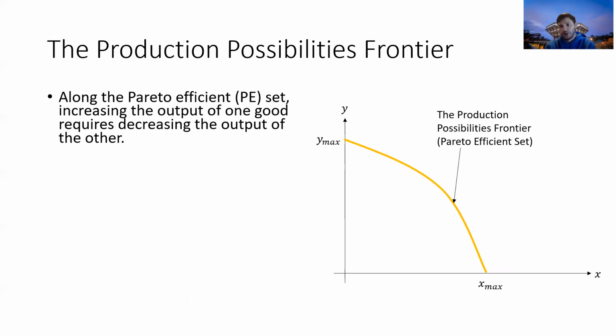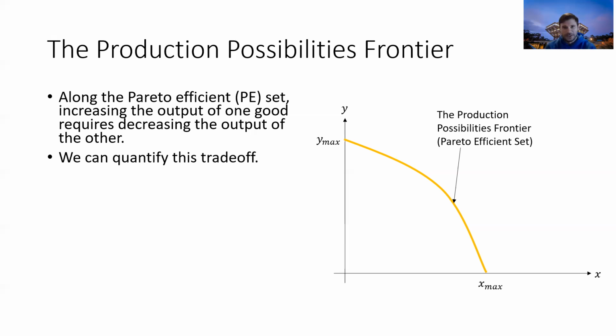In that, producing more of one good along the efficient set requires reducing some of the other good as a consequence of the resources already being used efficiently. We can't just get more of something without having to give something up. And we can quantify this trade-off.